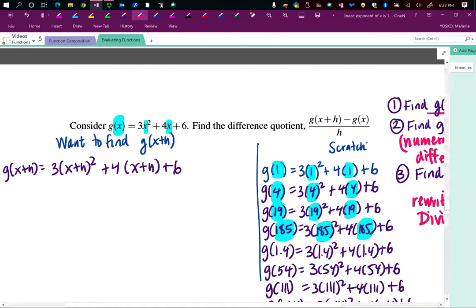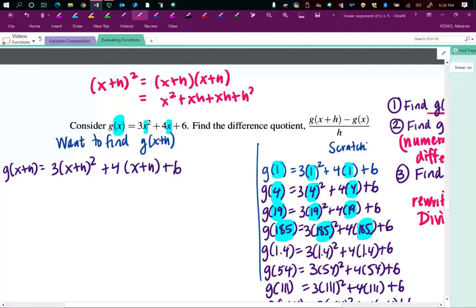So (x plus h) squared. That's (x plus h) times (x plus h). And I'm doing my scratch up here because you see I did all the scratch on the side. So you can FOIL this out: x squared plus xh plus xh plus h squared. And some students ask me why I say xh and not hx. It doesn't really matter. Multiplication is commutative.